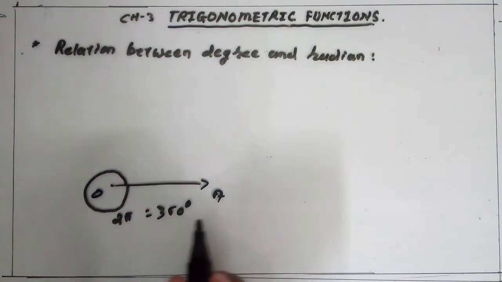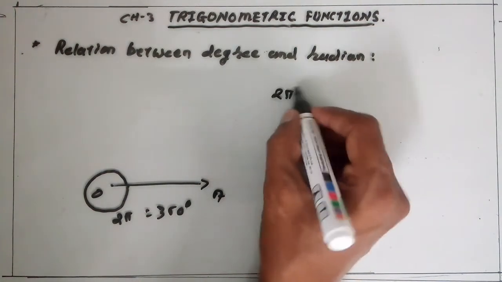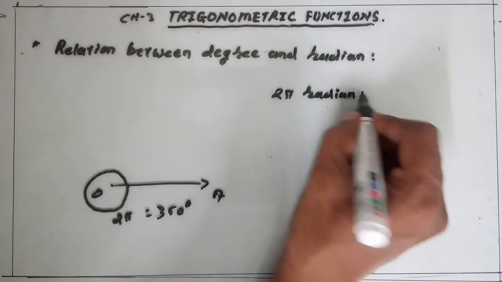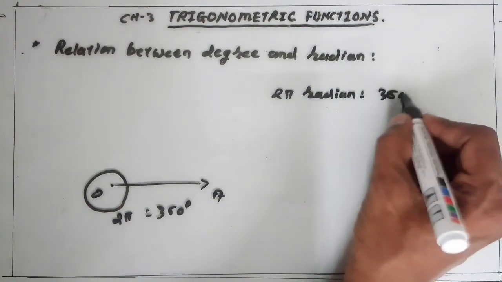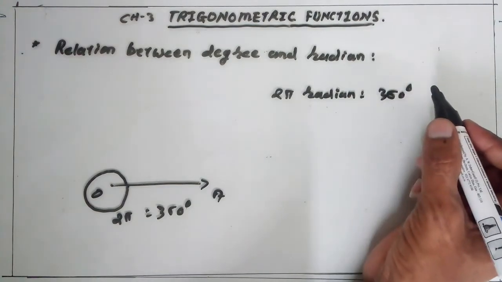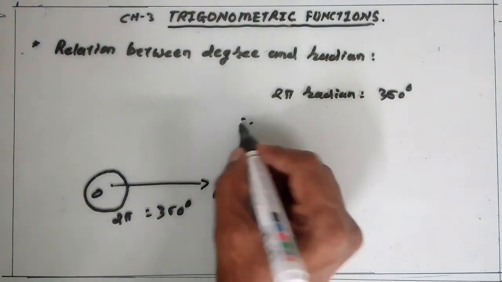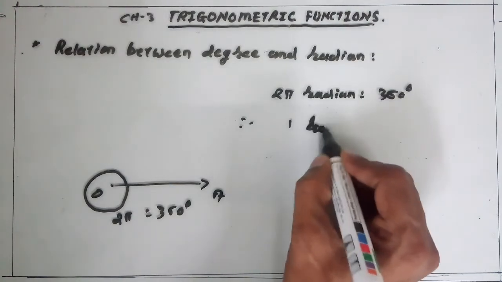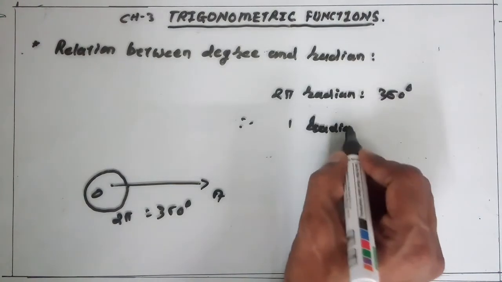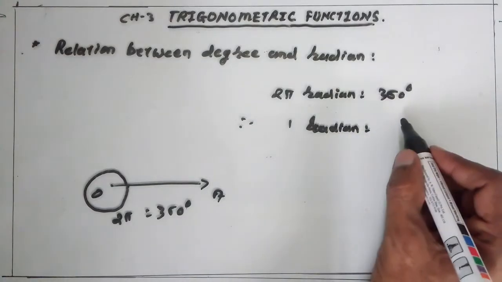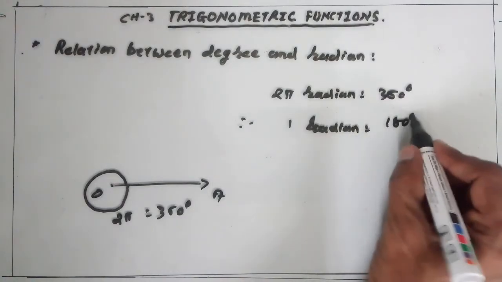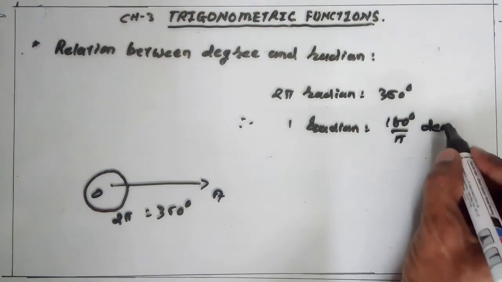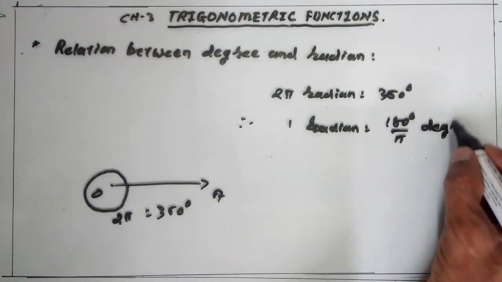Clear? So 2 pi radian is equal to 360 degrees. So here 1 radian is equal to 180 degrees upon pi in degree form. Clear this?